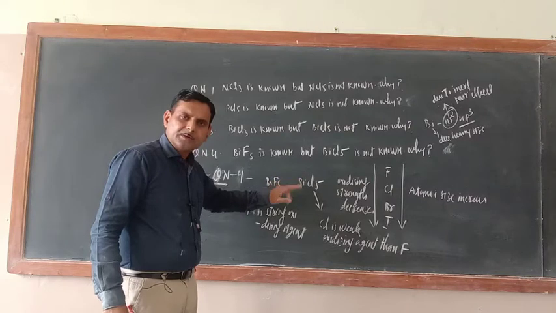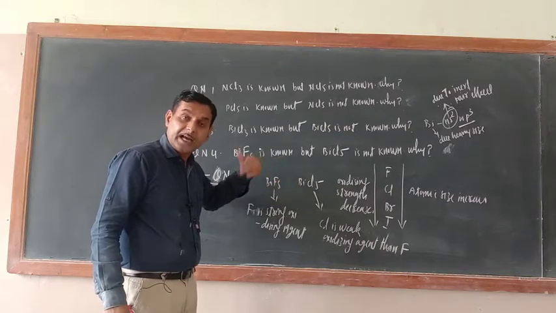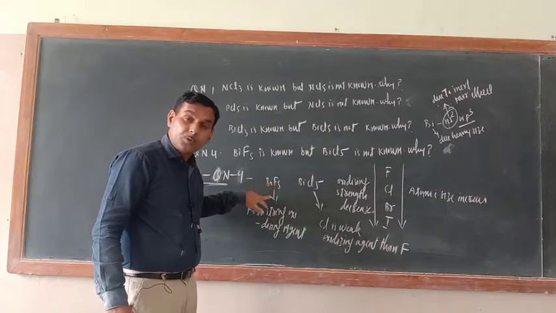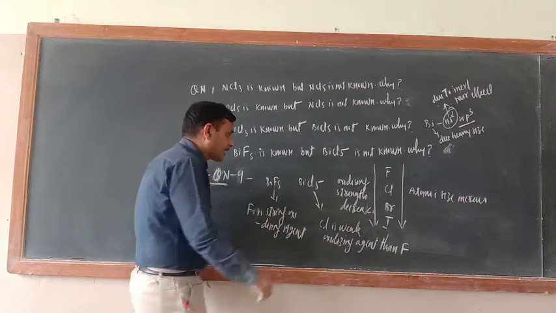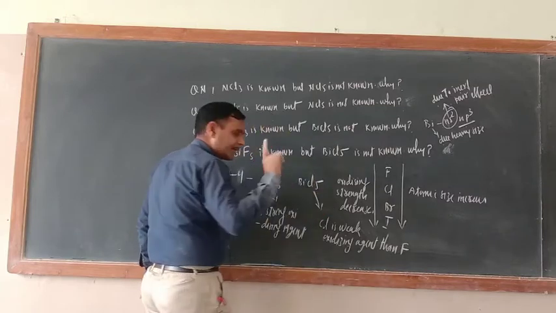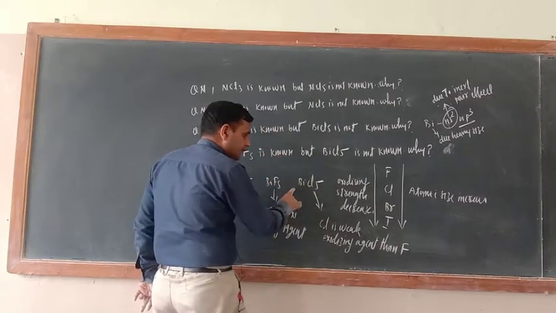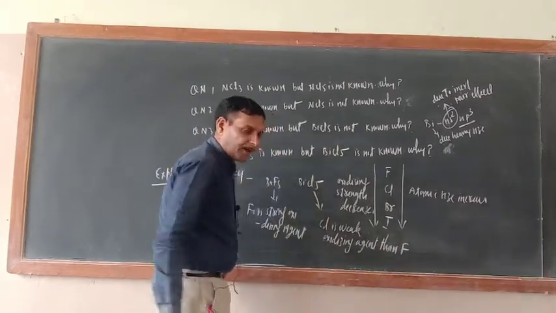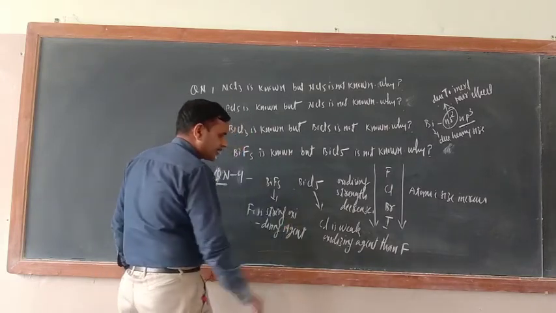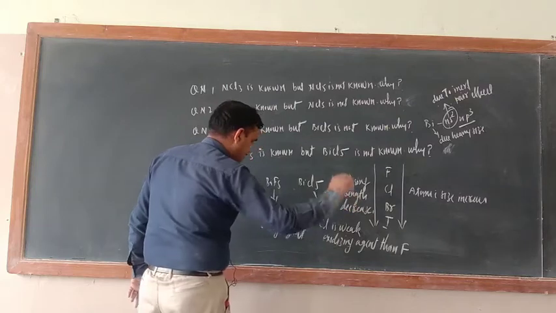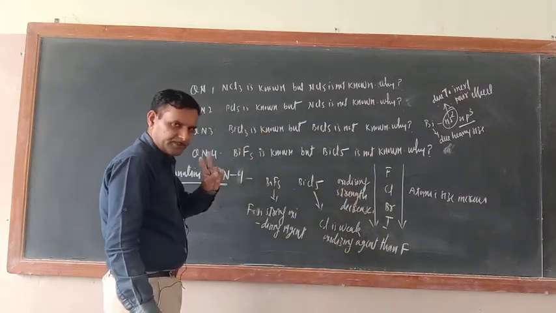Chlorine is a weak oxidizing agent as compared to fluorine. That is why it cannot force the bismuth to oxidize to +5 oxidation state. So fluorine is a strong oxidizing agent, chlorine is a weak oxidizing agent. That is the first reason.